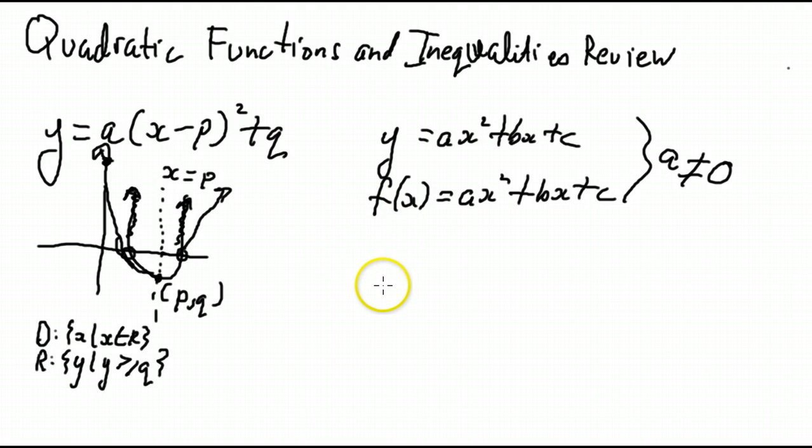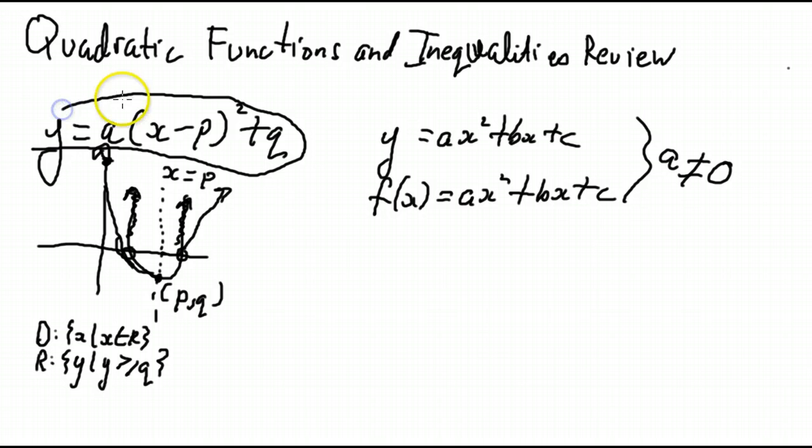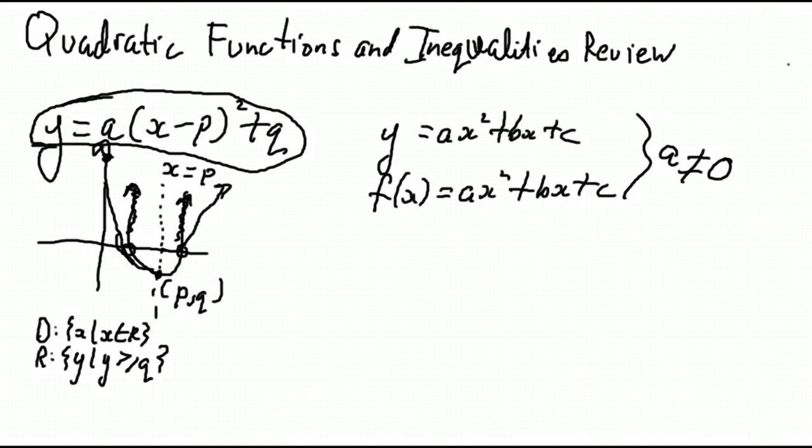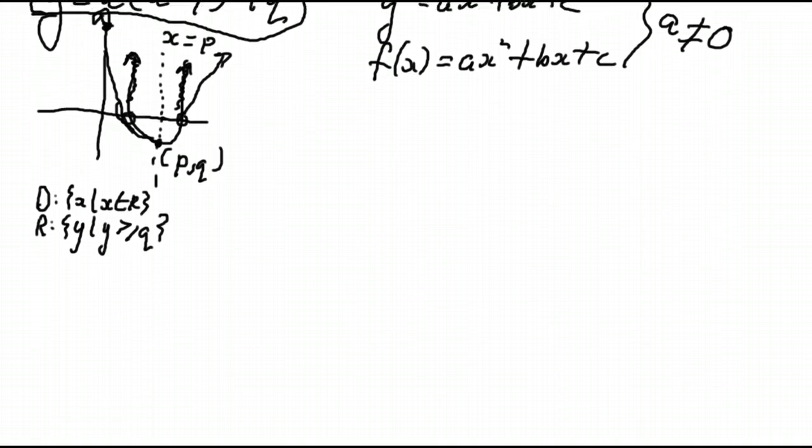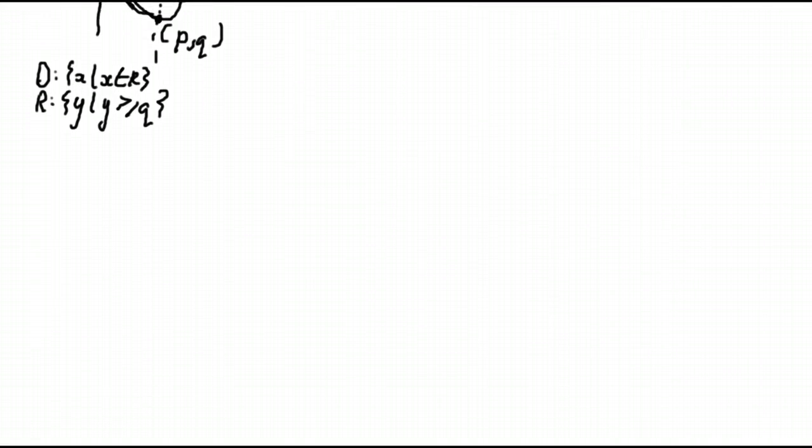So we know, and we're looking at this form, y equals a(x minus p) squared plus q. That's the whole idea of dressing up y equals x squared. So let me just move this down, and we'll talk about y equals a(x minus p) squared plus q and everything about it.